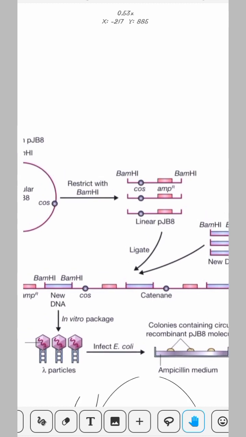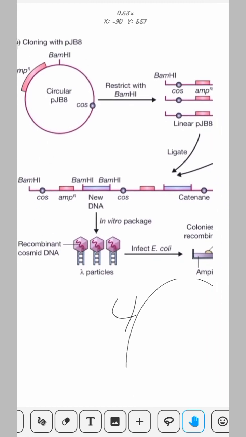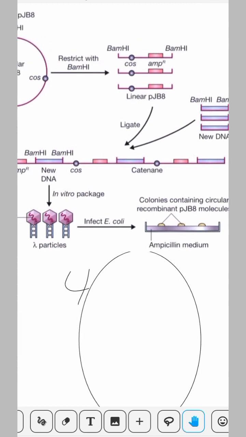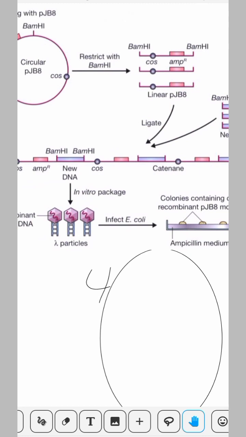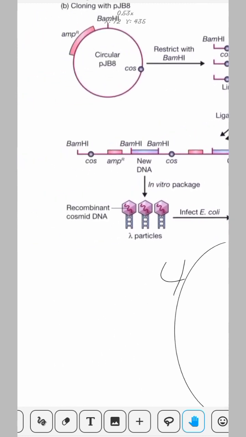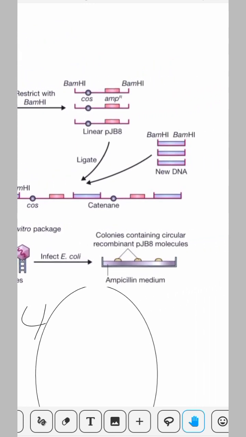Then they are ligated into catenins. Catenins are chains. As you can see, there is a chain of this particular part, 1 2 3, 1 2 3, continuously going on like chains. They are joined in a chain form.